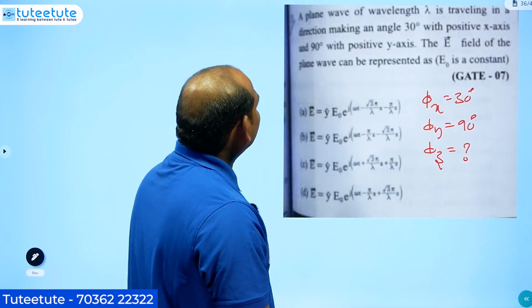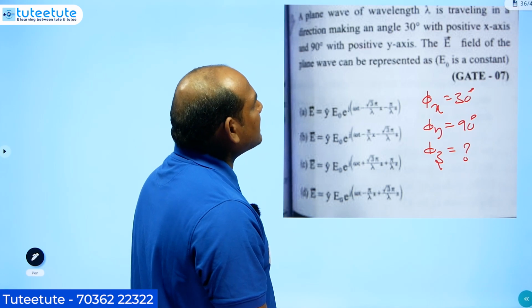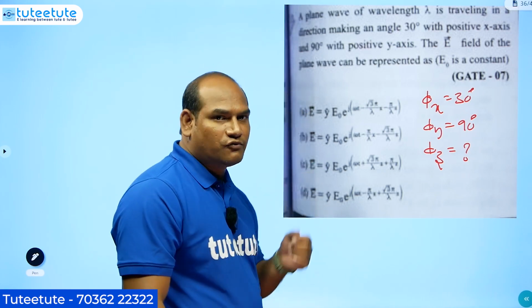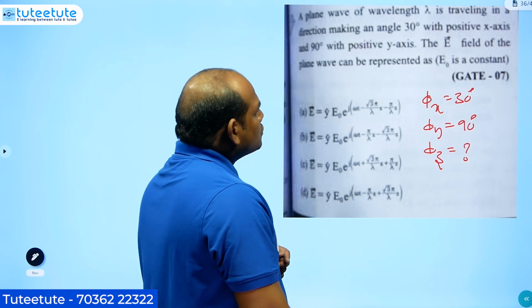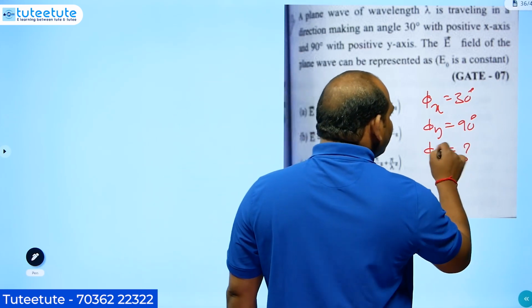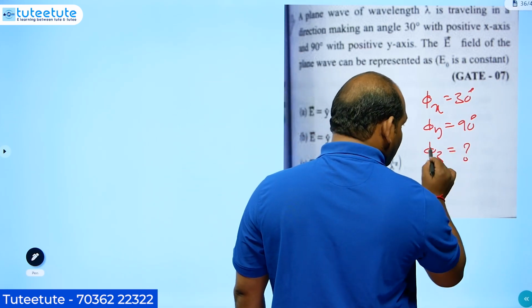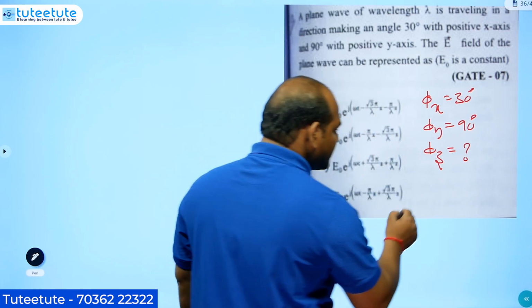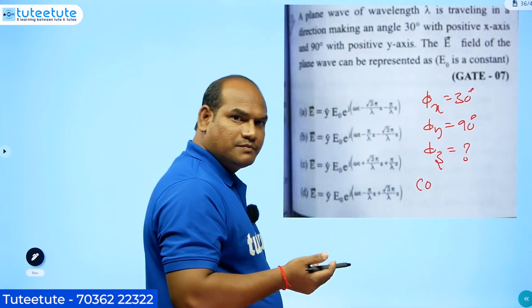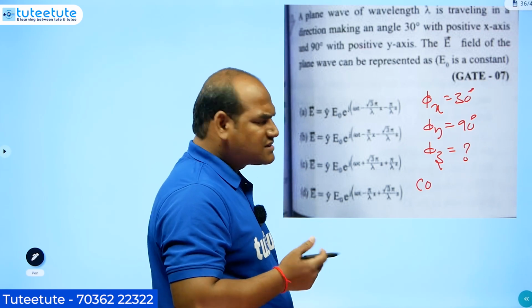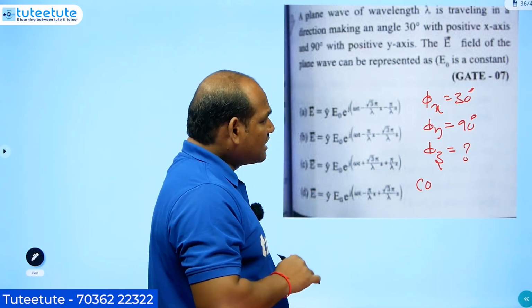The electric field of the plane wave can be represented as, so we need to find the electric field equation. Even though we don't have phi z, we can get it from the relation cos square phi x plus cos square phi y plus cos square phi z equals 1.